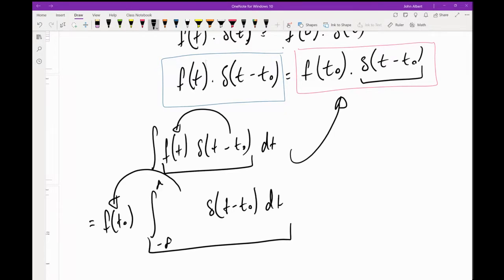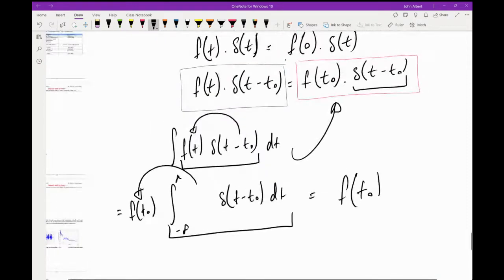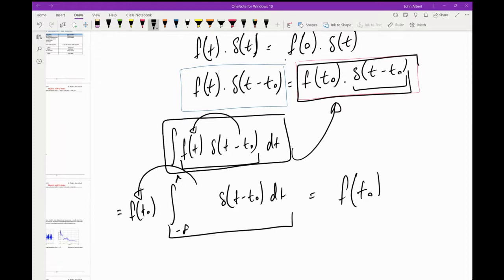Basically, this becomes equal to f of t0. You see, I was able to use this simplification to find what this is equal to. Without the simplification, you wouldn't be able to find it. So basically, I could write this as f of t0.